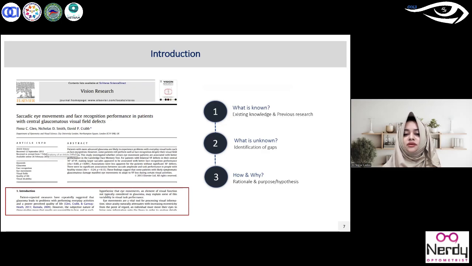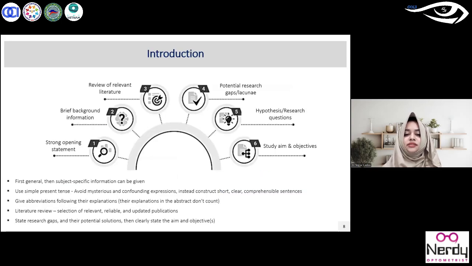In simple terms, the introduction tells what is already known in the literature and what is unknown, and clearly outlines why that particular research matters. An introduction is an opportunity given to the authors to provide readers with the background necessary to understand a text, which means the intro is the scene setter.